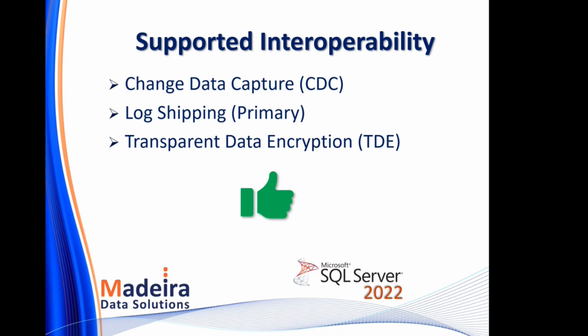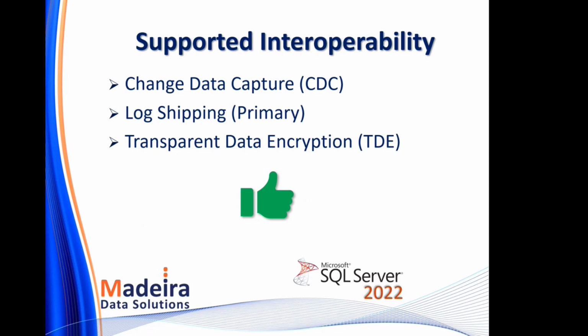Let's talk about what contained availability groups work with, what they support interoperability with. So you can create CDC, change data capture, with contained availability groups. You can set up log shipping for the primary database being in a contained availability group, and you can configure TDE, transparent data encryption, for a database in a contained availability group.